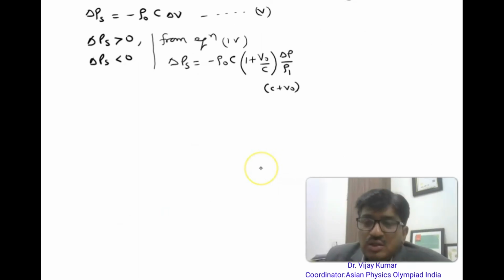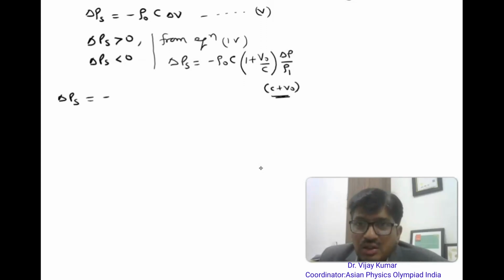If we take C common from this bracket, then it becomes delta PS equal to minus, and this is also minus, so minus minus becomes plus. So delta PS is rho naught C (1 plus V naught upon C) and delta rho upon rho 1 into (C plus V naught).